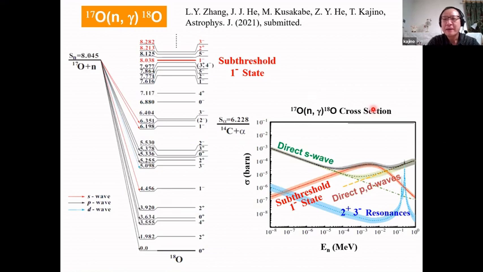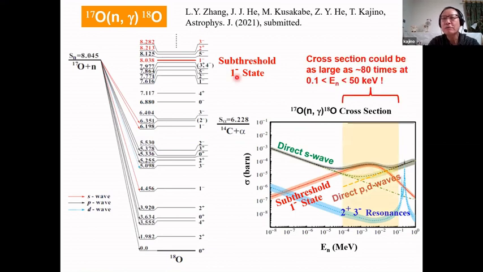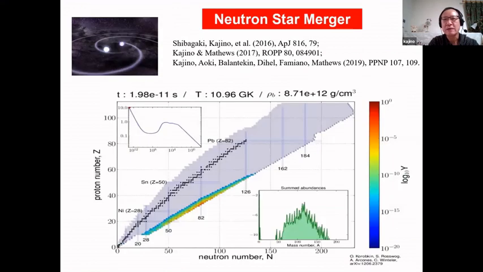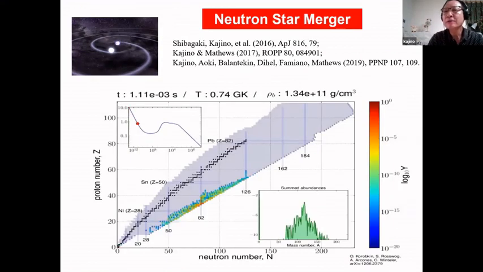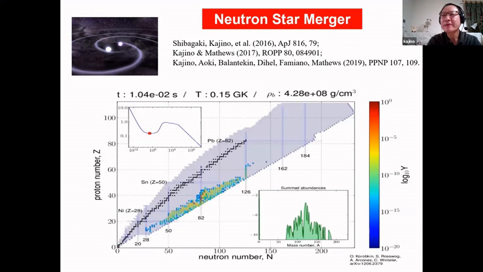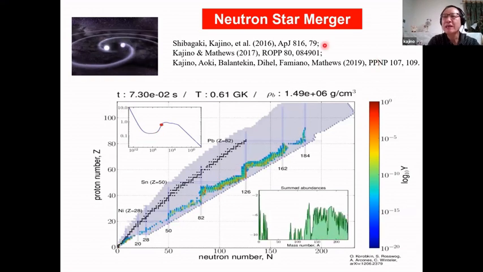And new subthreshold states are contributing to enhance the reaction cross-section, with neutron capture enhanced at most 80 times. All these uncertainties may be very important in the estimate of our process in nucleosynthesis. We will see later how effective all these nuclear reaction uncertainties are.